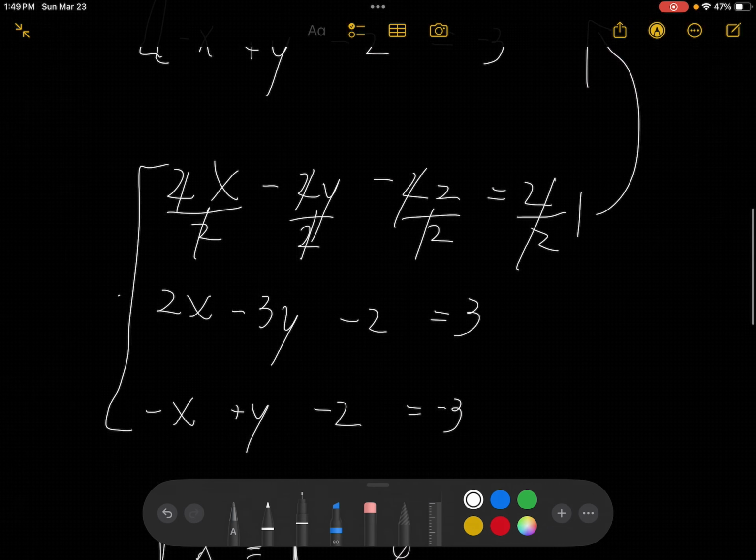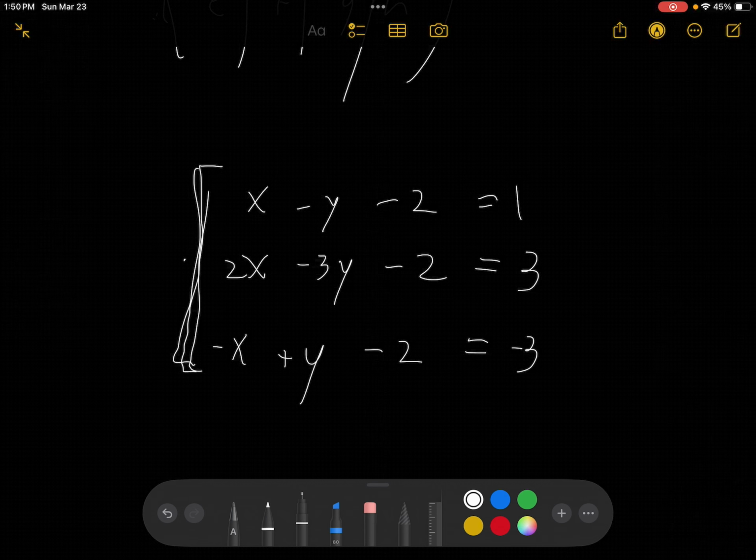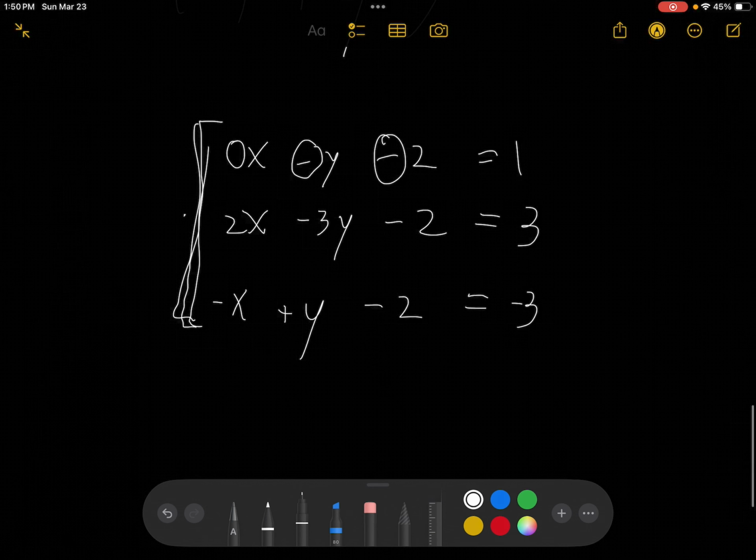Now, matrices are important because we can use them to represent systems of linear equations. So let's copy back down the system of equations we had above, and we can go ahead and convert this system into a matrix. And the way we do that is we're just looking at all of our coefficients.